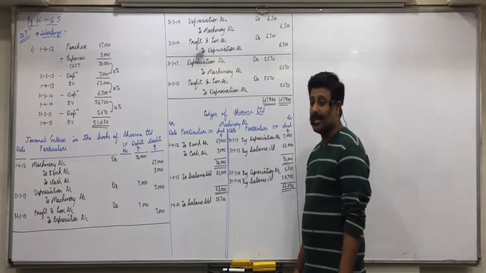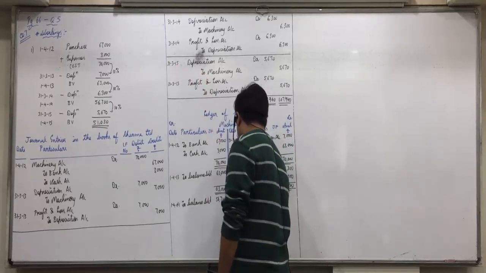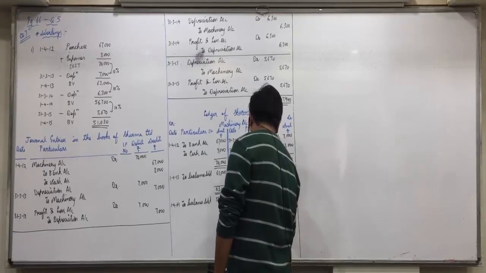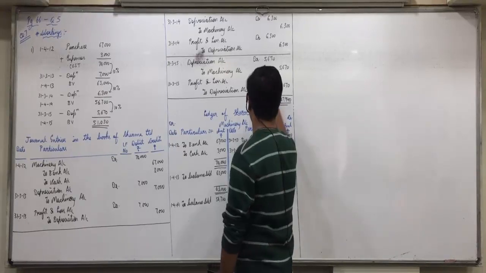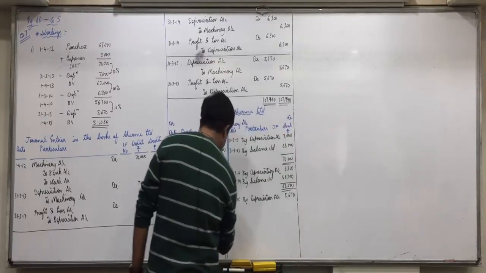And again for the last year, 31,315 to machinery, so machinery on the credit side 31,315 by depreciation account. Opposite account amount is 5670.